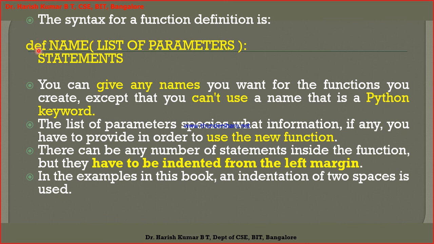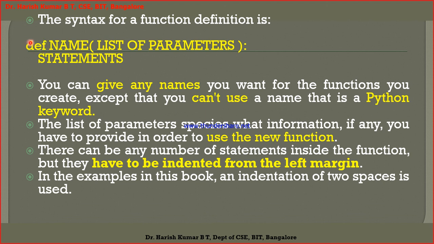It starts with the keyword def, then the name you are giving to the function and the list of parameters, then a colon, followed by the statements, and you should have an indentation here. If I want the statements to come under this function, I have to use indentation. This is the syntax of creating a function.